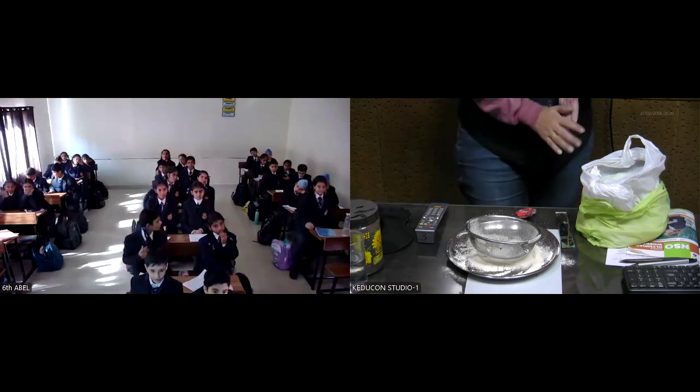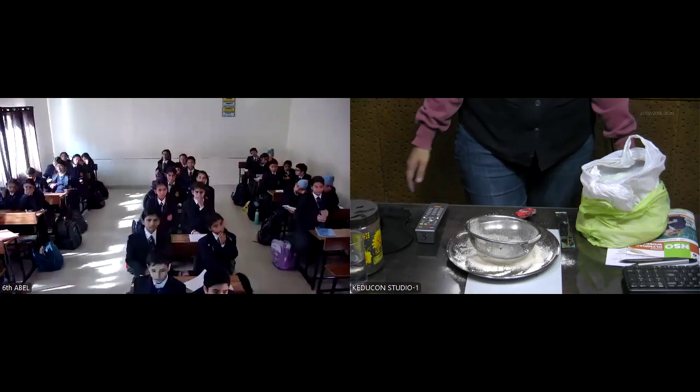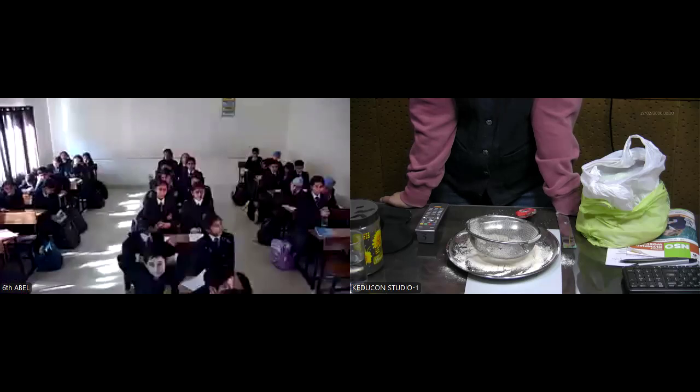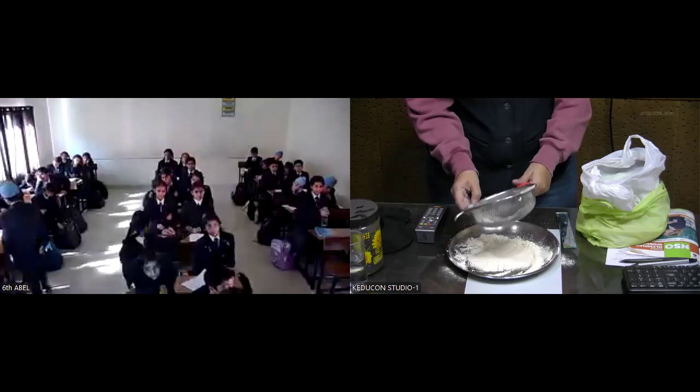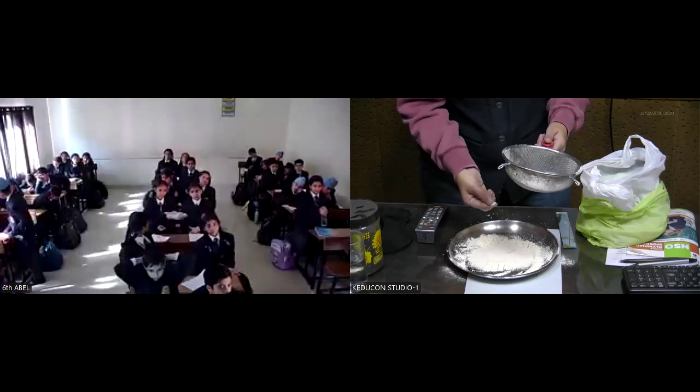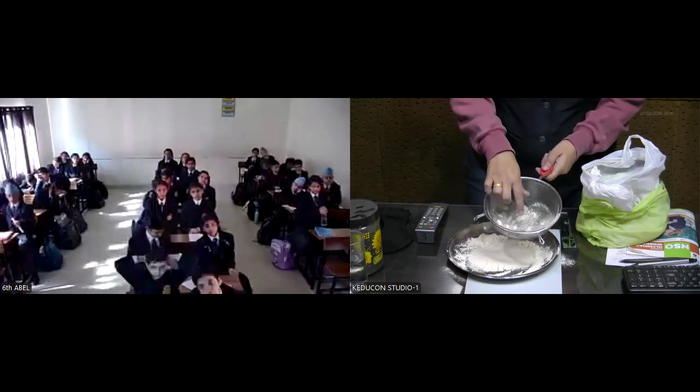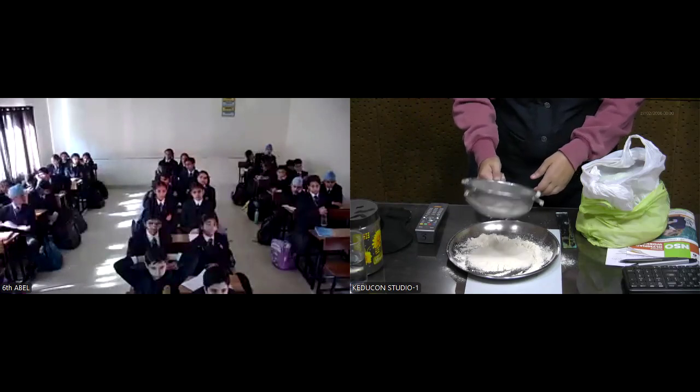Meanwhile, you tell me, beta. Where do we use sieving, beta? One part is smaller than other. Yes. So here we can see flour is smaller as compared to the bran that is left over here. Right? So here we can use sieving.